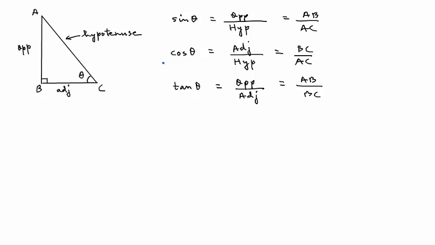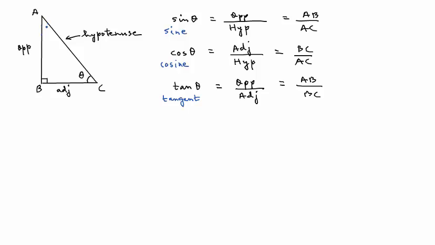Now cos is actually the short form of cosine, and tan is the short form of tangent. In fact, SIN is also a short form. The actual name is SINE, sine. So the ones in blue are the actual names.